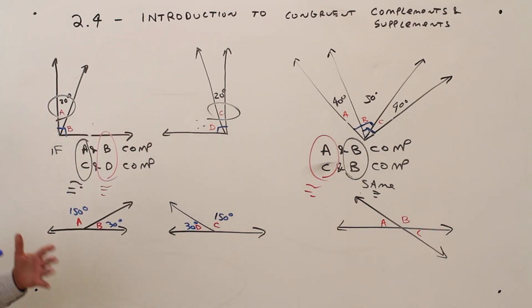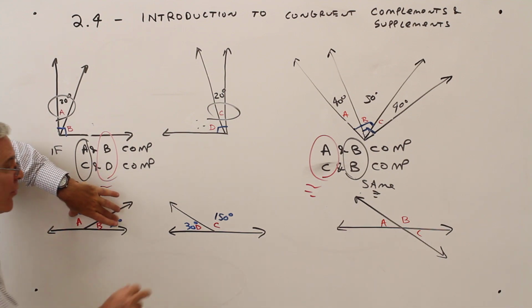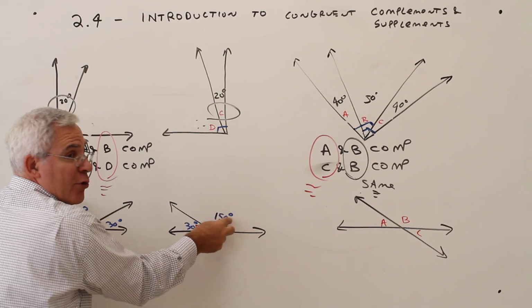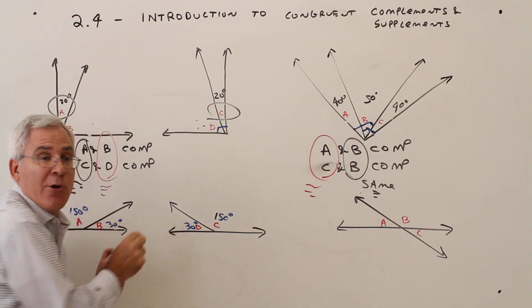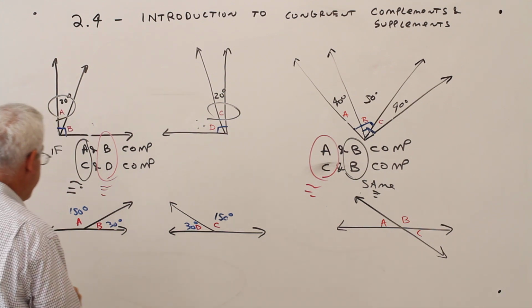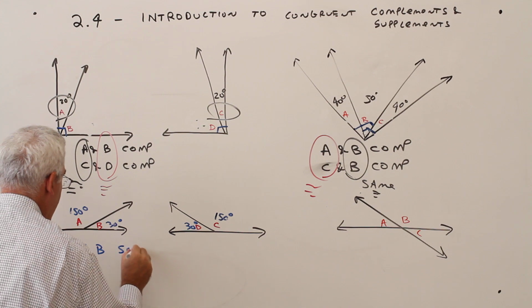Hey, I've got the same thing going on. If these two are supplementary and these two are supplementary, if I know that these two chunks are congruent, I know that those two chunks are congruent. I'll write it down this way. A and B are supplementary.